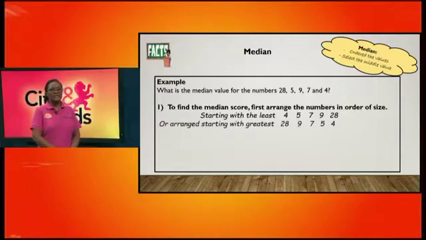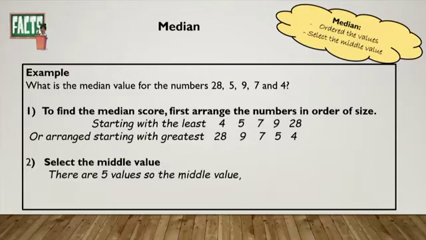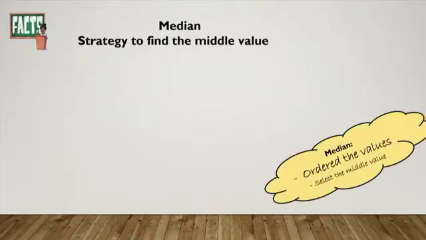We could also start with the greatest value, which would now be 28, counting down, 9, 7, 5, and 4. Notice that there's an extreme value there. 28 seems far different from the rest, but it does not influence what is the middle value. So select the middle value. 5 values, easy to find the middle one. Whether you write in ascending or descending order, that middle value is 7.